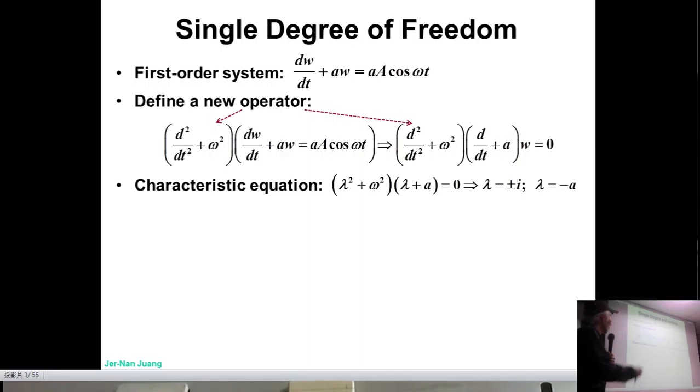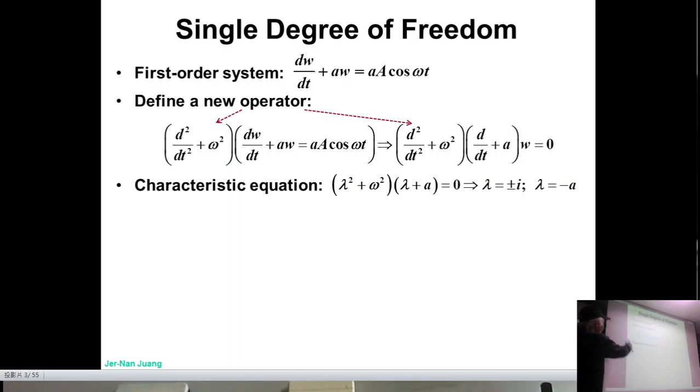Well, for first order equations, how many roots are supposed to be there? 1. If I don't have forcing functions, forget about forcing functions, okay, cosine. So which one is the homogeneous solution? Minus a, right? Okay.